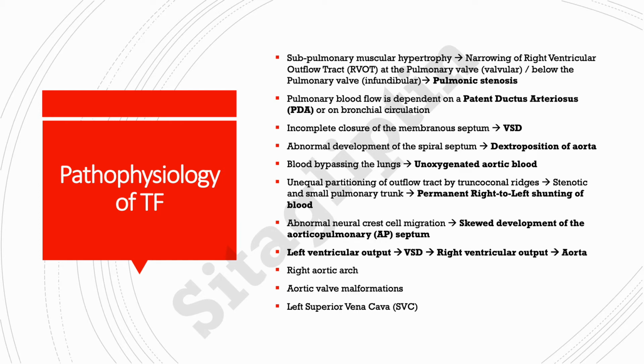Another thing to mention here is that the pulmonary blood flow is dependent on a patent ductus arteriosus. Alright, since there is stenosis of your pulmonary trunk or pulmonary arteries, the blood cannot flow through them as much as it would in a normal heart.